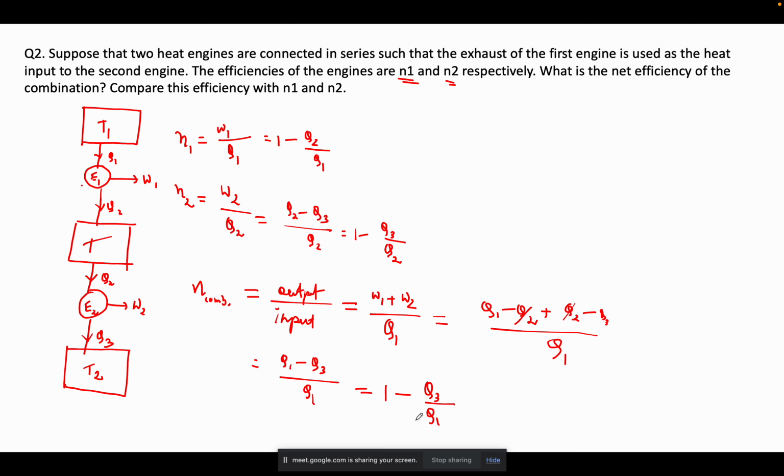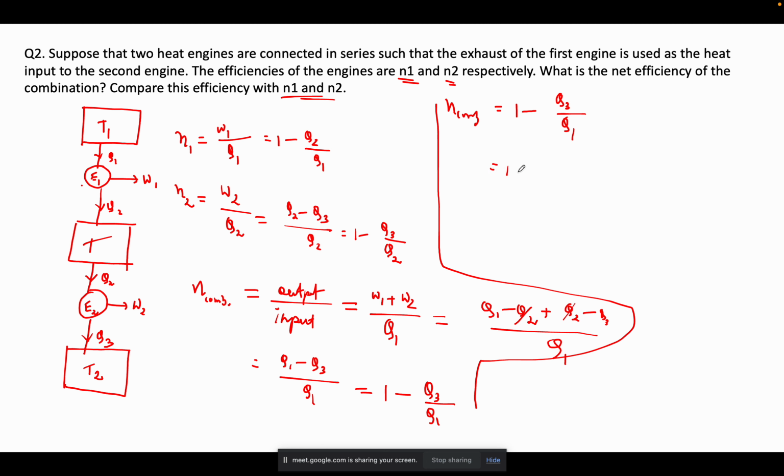Now we have to express this in terms of eta 1 and eta 2. Eta combined we have got as 1 minus Q3 divided by Q1. What we can write is 1 minus Q3 by Q2 times Q2 by Q1, because in doing so it will remain the same.